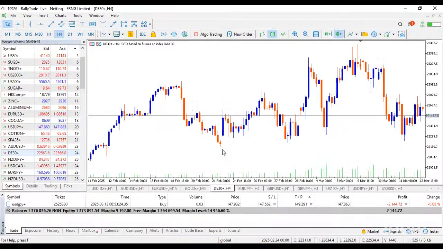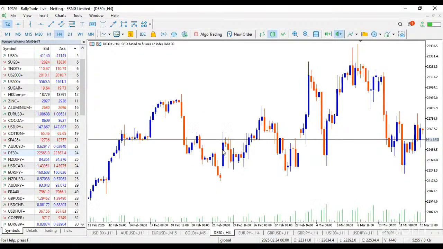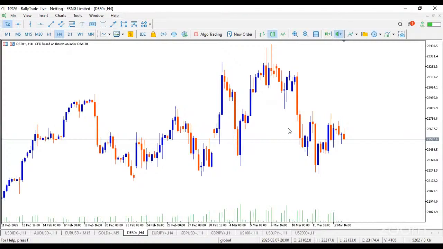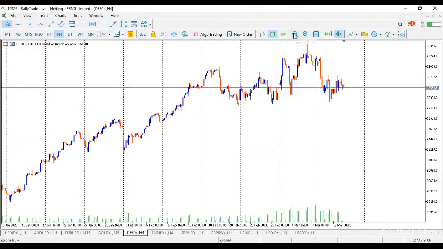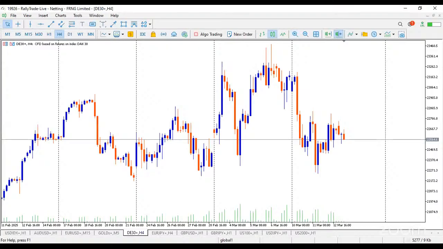So guys, this is D30. On the H4 time frame, what can we see here? Somebody mentioned D30. Let's look at D30. Now we have done US 2000, right? Now we are looking at D30.